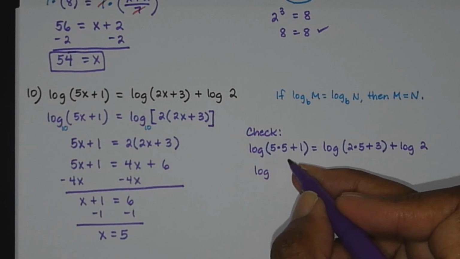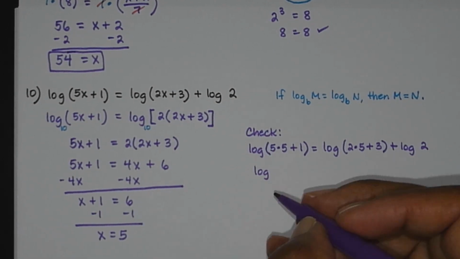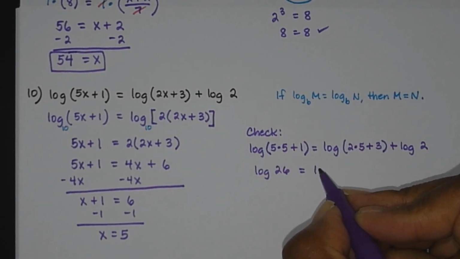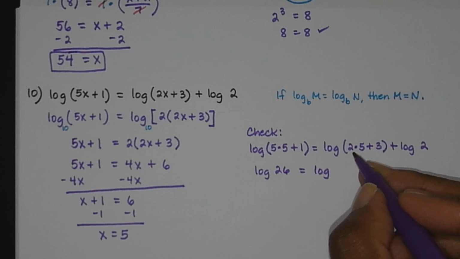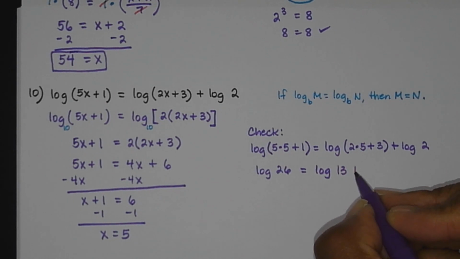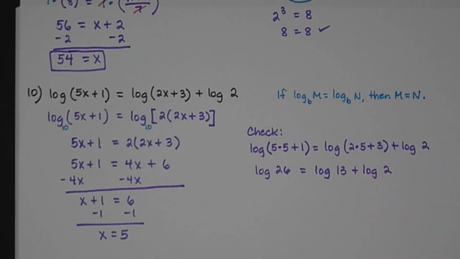Now here, 5 times 5, that's 25. 25 plus 1 would be 26. So I have log of 26 equaling the log of 2 times 5, which is 10. 10 plus 3 is 13. So I have log of 13 on this side plus the log of 2.